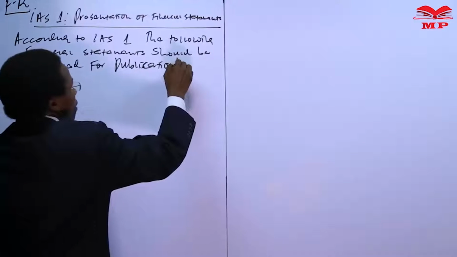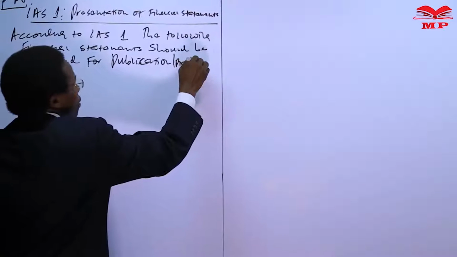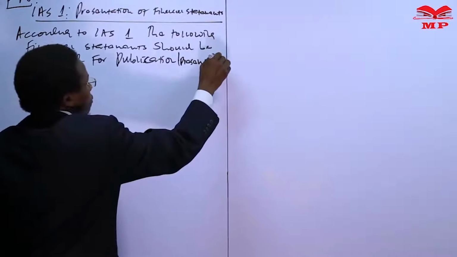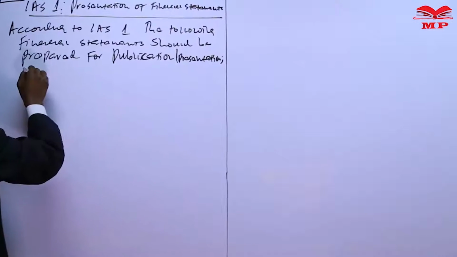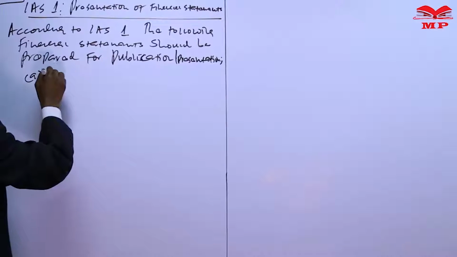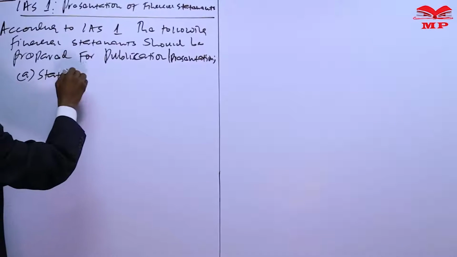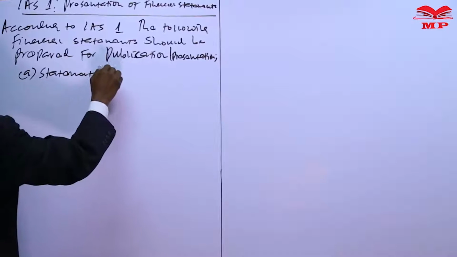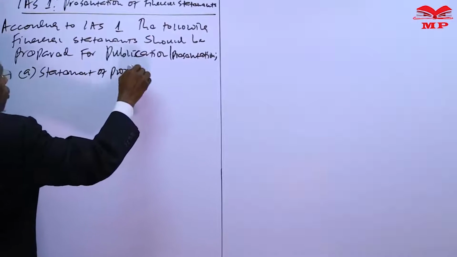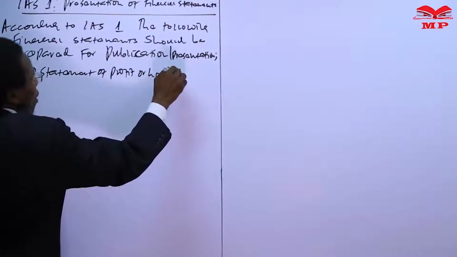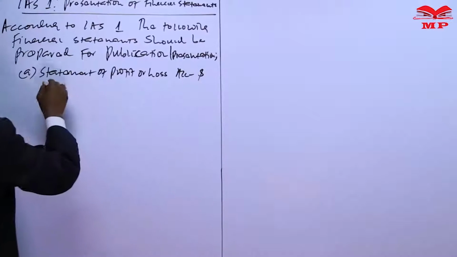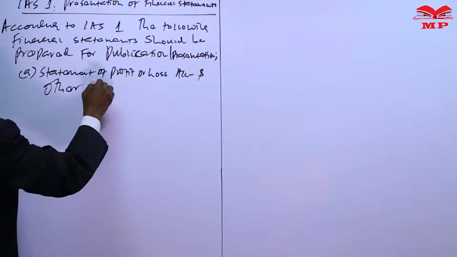Now, A, we have the statement of profit or loss account and other comprehensive income.